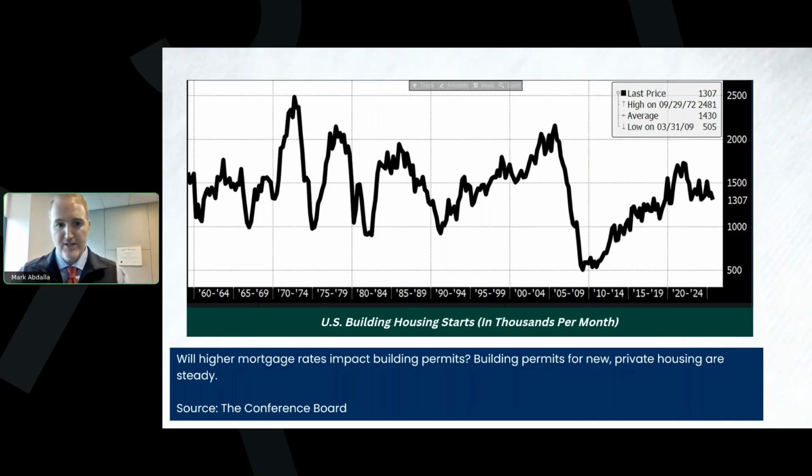So higher mortgage rates definitely impact the housing market, and we'll see if mortgage rates can come down with interest rates, and how that would stabilize the housing market and lead to an increased number of permits per month, which would be a benefit to the overall economy. So this is a key monitoring point for us because it can impact the health of the overall economy, which can impact the health of the overall stock market.